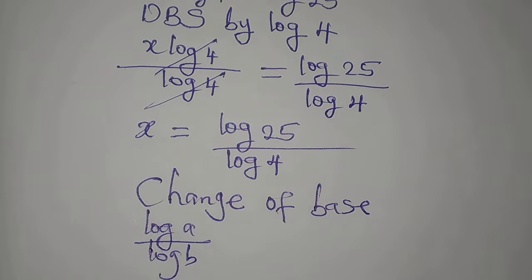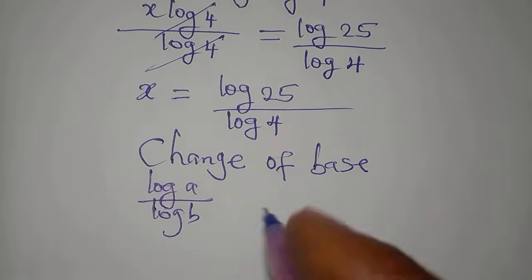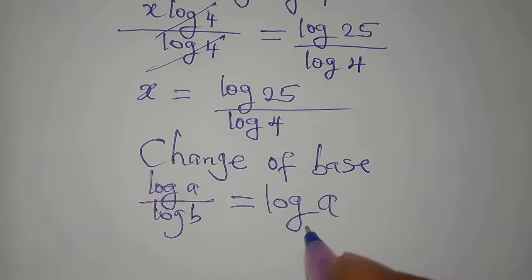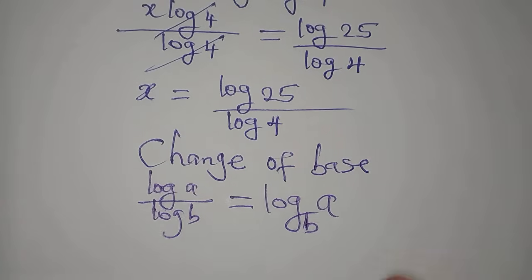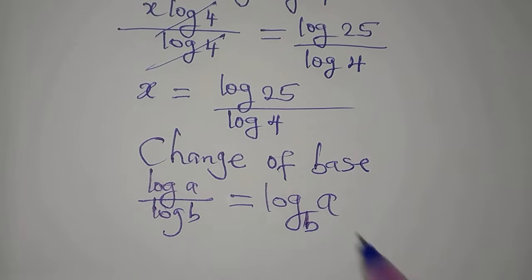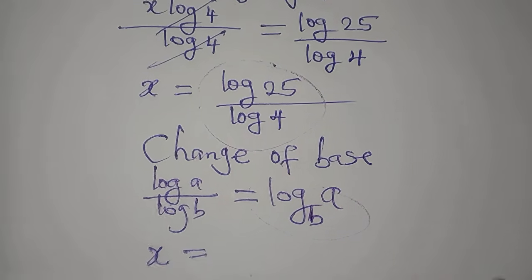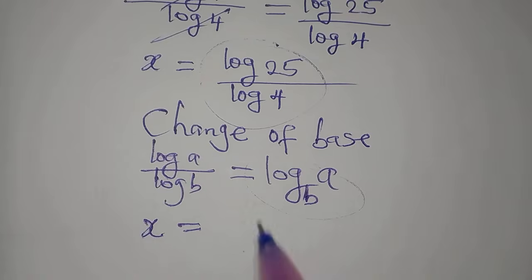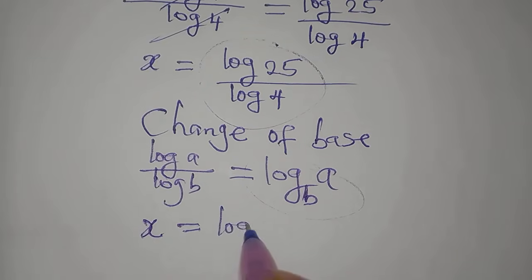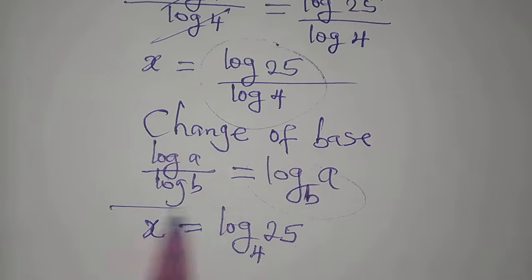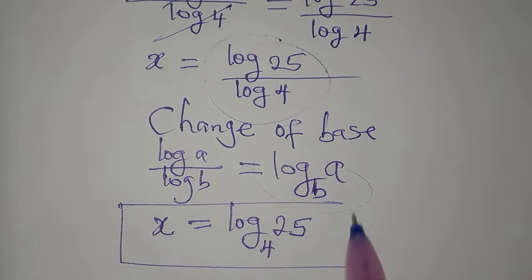Both of them are in the same base, and because of that, this can be written as log a to base b. So our x will now be equal to log 25 to base 4.